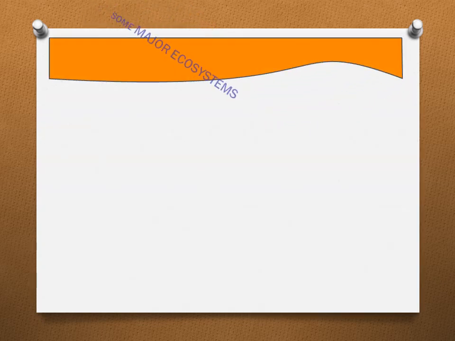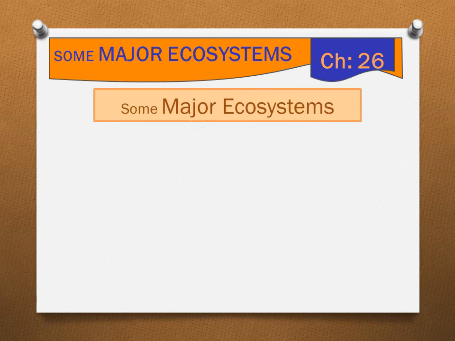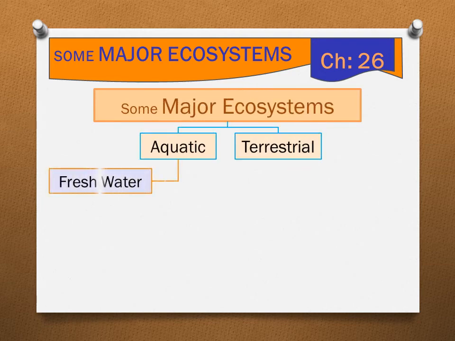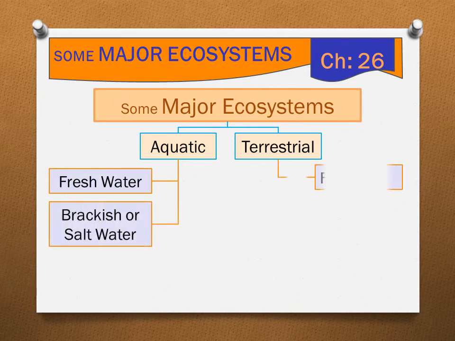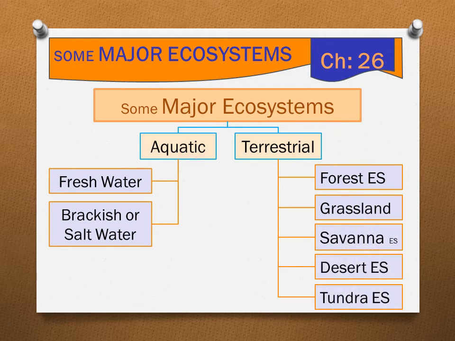Some major ecosystems. In this chapter, we study the major types of ecosystems. This is divided into two main types: the aquatic ecosystem and the terrestrial or land ecosystem.